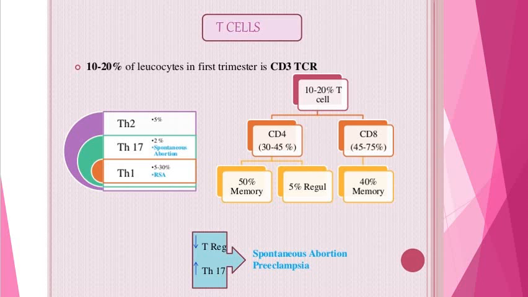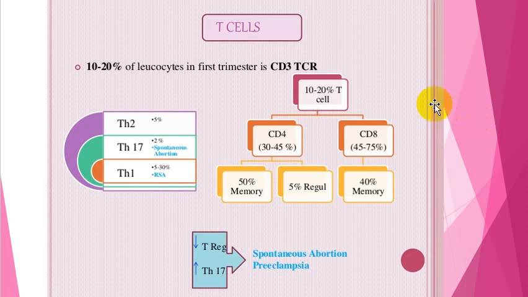So 10 to 20% of the leukocytes in the first trimester are said to be CD3 TCR. That is cluster of differentiation 3, a T cell co-receptor that is involved in generating an activation signal in T lymphocytes. So it's a complex of CD3 and TCR or the T cell receptor.